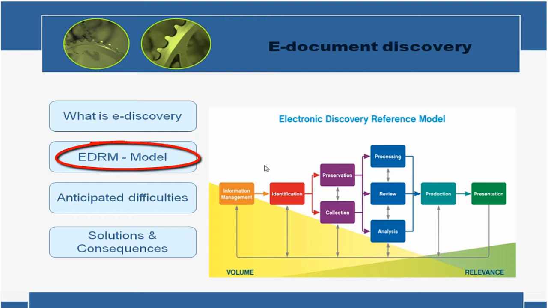Then, of course, we're moving into the stage where this evidence is preserved. Then the next stage will be the collection. Now, you recall that one of the items I highlighted when we talked about what e-discovery is was the issue of it being an auditable process. So it's not just a question of collecting data.